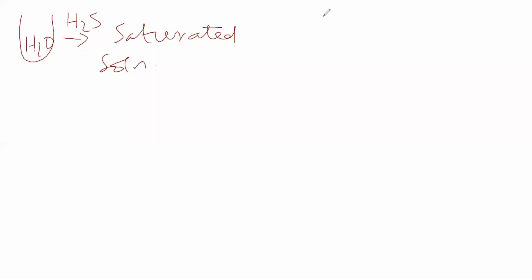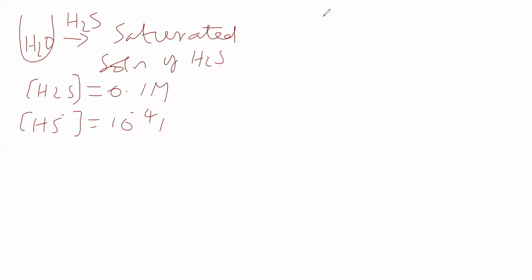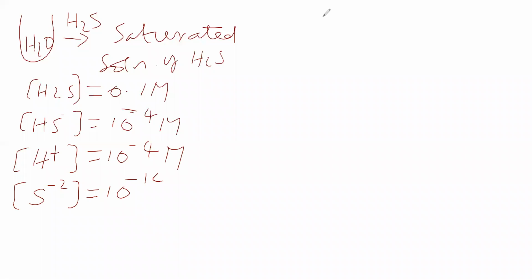In this, the undissociated H2S concentration is 0.1 molar, which we have calculated already. The concentration of HS minus is 10 to the power of minus 4, and the concentration of H plus is 10 to the power of minus 4. This we practiced already. The concentration of sulfide we got is 10 to the power of minus 14.